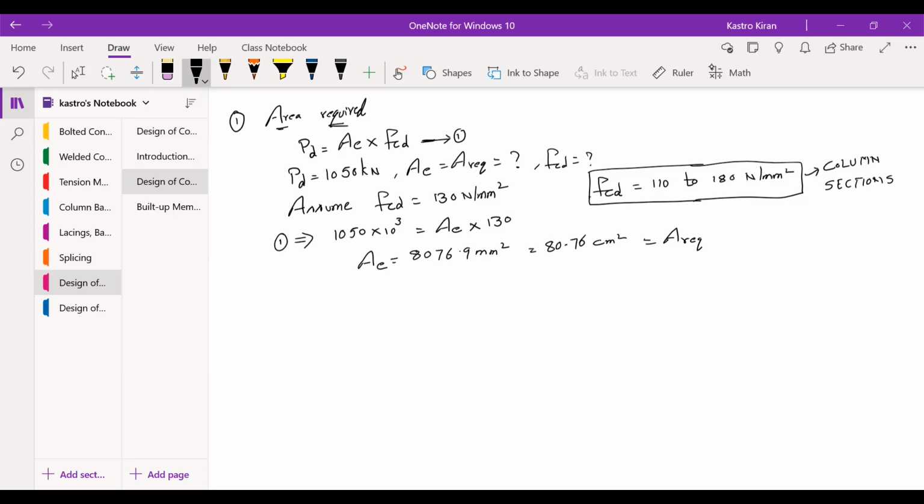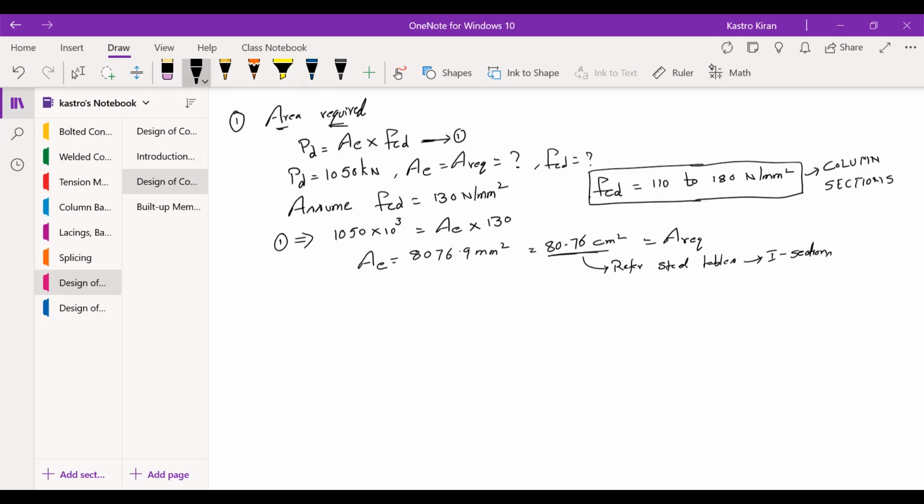Now by using this area, refer steel tables book. Please carefully listen. By using this area, that is the area which is obtained here, refer steel tables. For which sections are you going to refer? You are going to refer I sections.